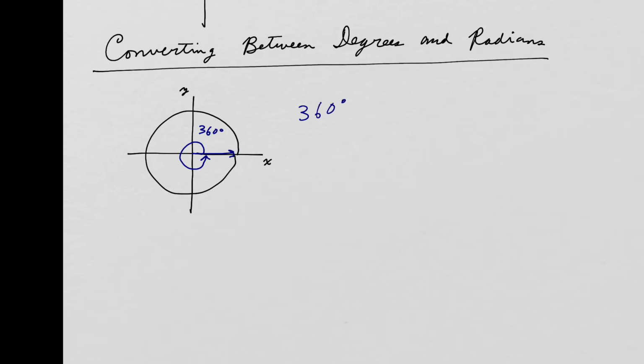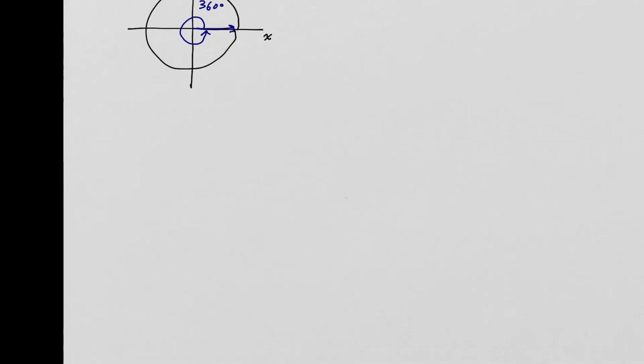So 360 degrees is a full rotation, if you turn around once. Well, what is that in radians? First of all, what does it mean to measure an angle in radians? Let me first give you the definition of that. So if I have, let me draw a circle again.